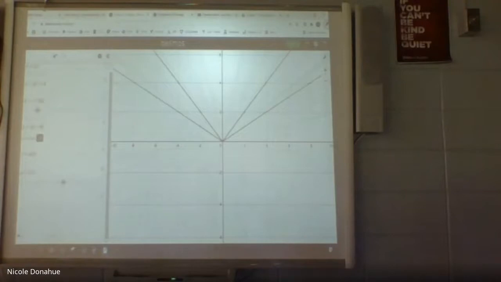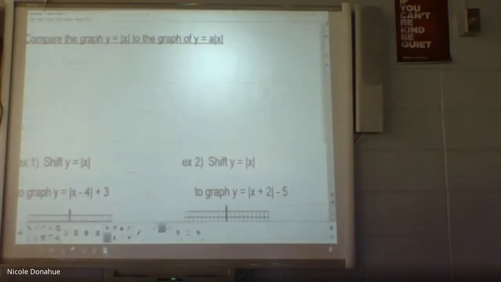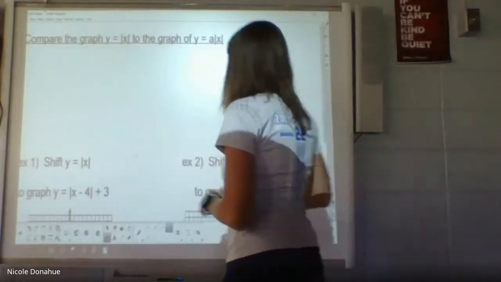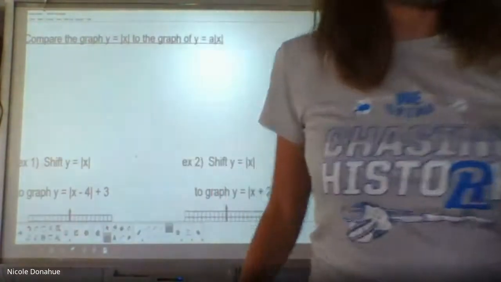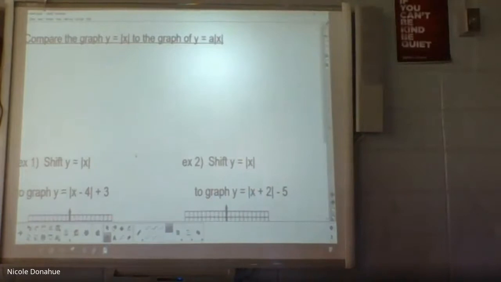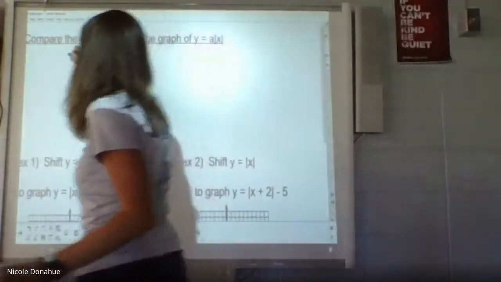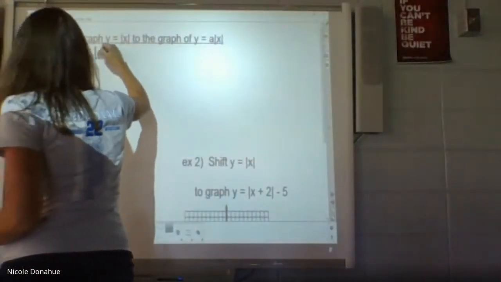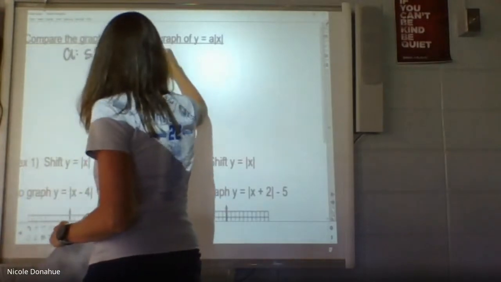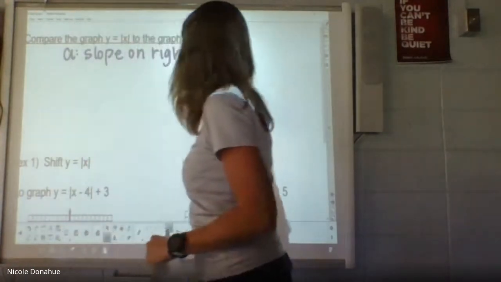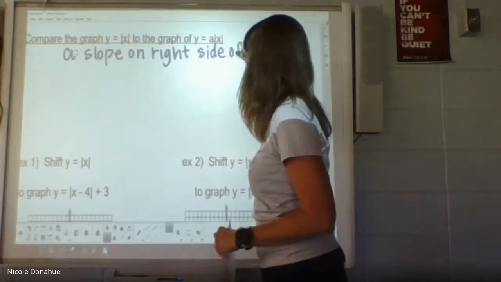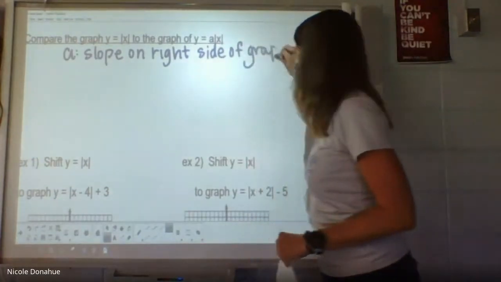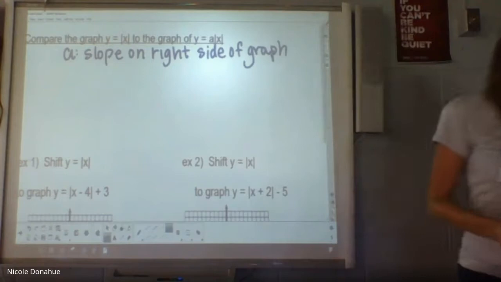So what's actually going on with this a value is a is actually the slope on the right side of the graph. So we're thinking about our slope on the right side of our graph. So a is the slope on the right side of the graph.